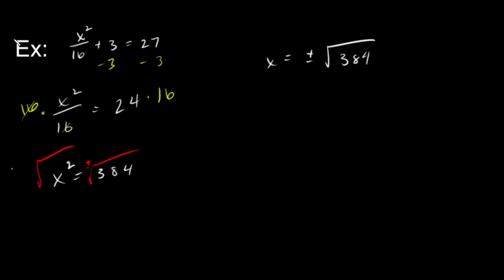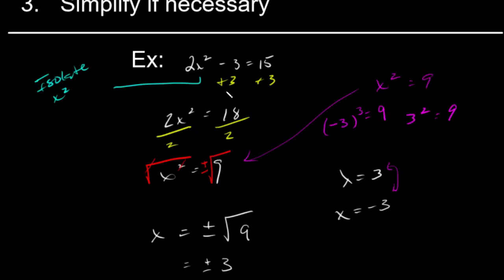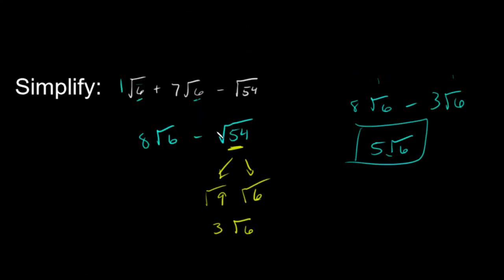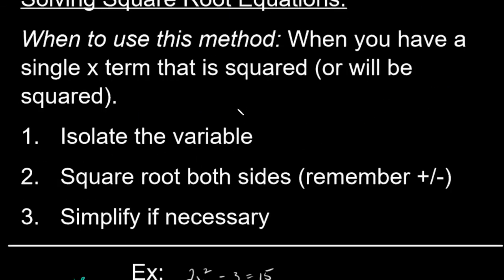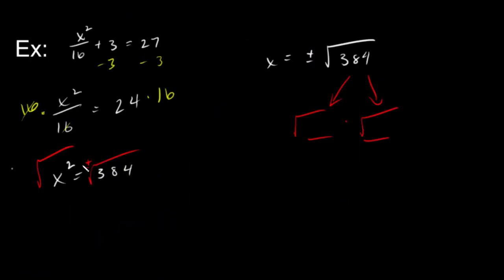Now, I assume 384 can be reduced further. I assume that you can break this up into different square roots to simplify the problem. Just like we simplified up here, we simplified the square root of 54. Let's try to simplify the square root of 384.